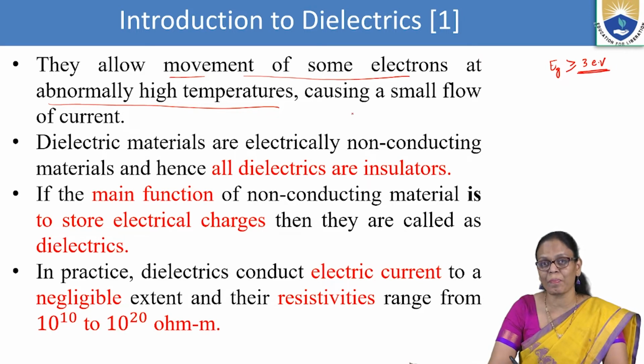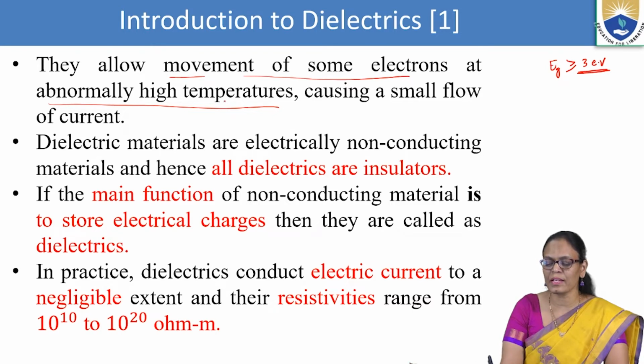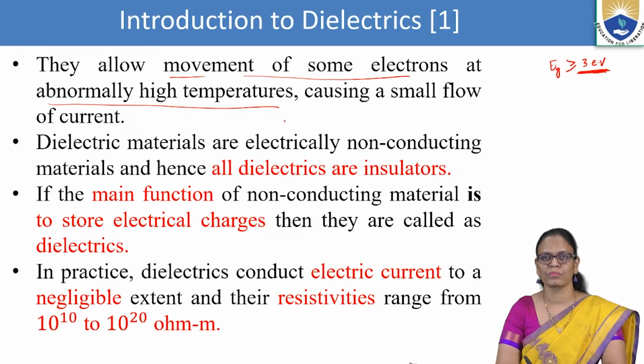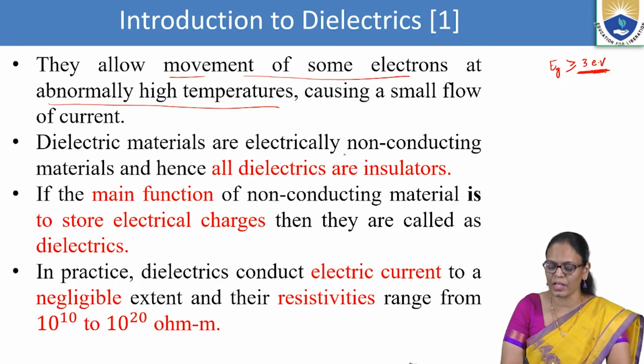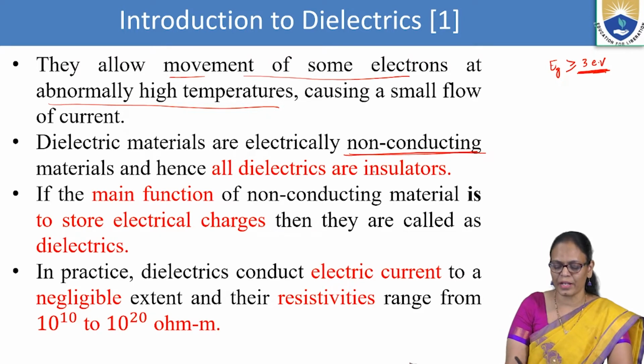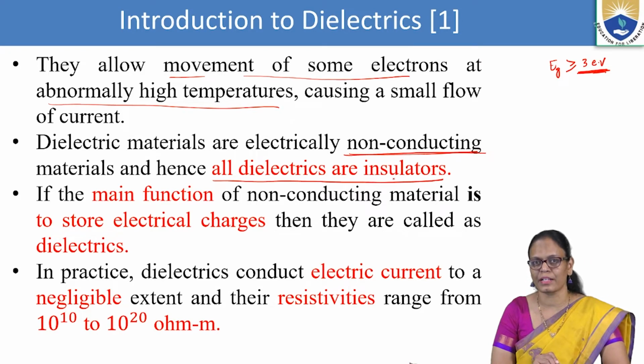So when you are heating it to a very high temperature, so that this energy gap can be overcome, only then a small current will flow due to the movement of electrons. So dielectric materials are electrically non-conducting, they are insulators, and they can be used as insulators.